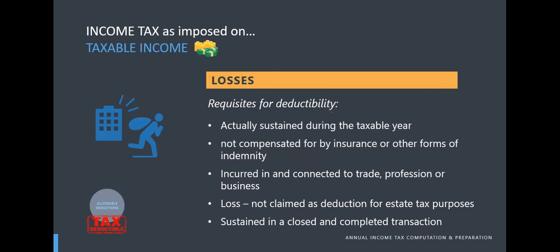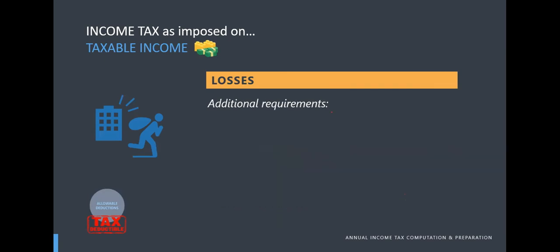Or in case of insurance, the amount of the loss can be determined by the insurance company, or the amount of reimbursement from the insurance company. So those are the conditions for a closed and completed transaction.